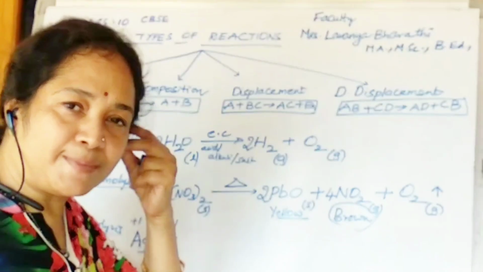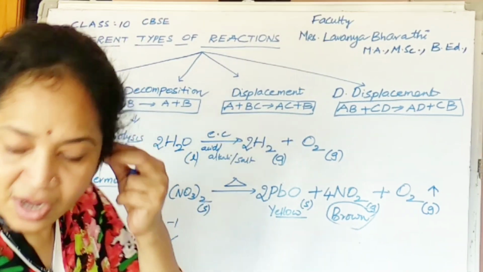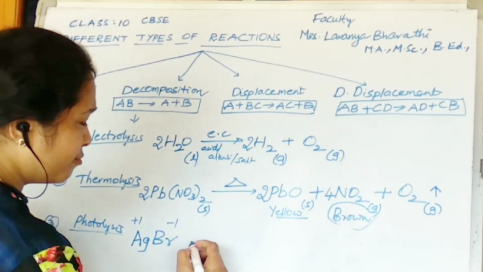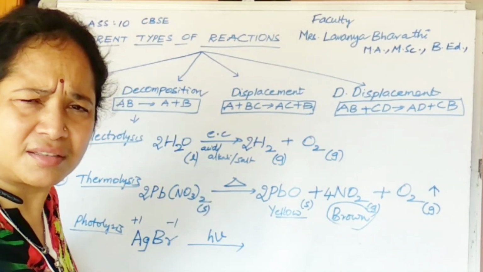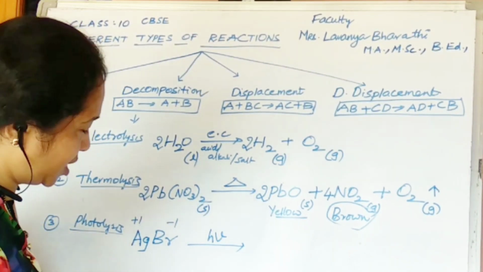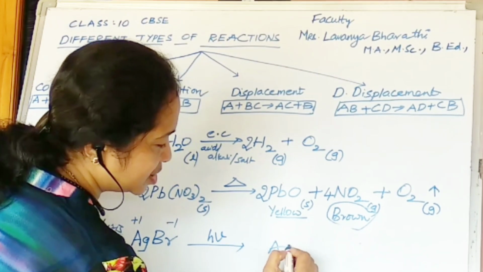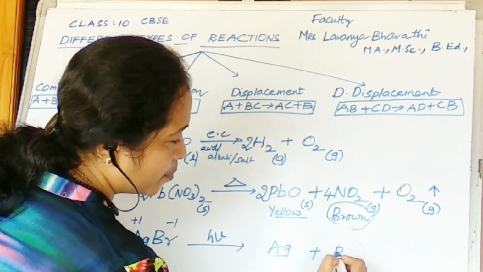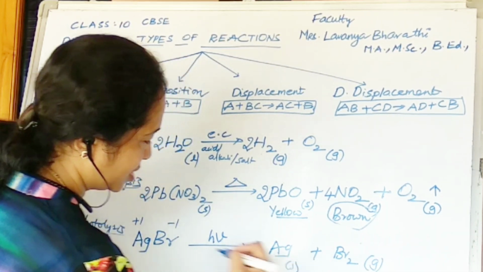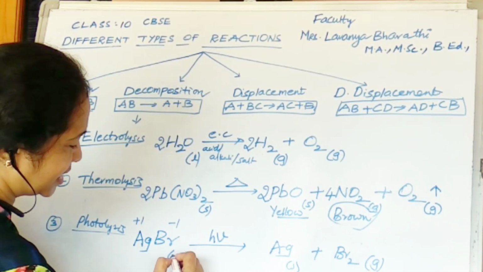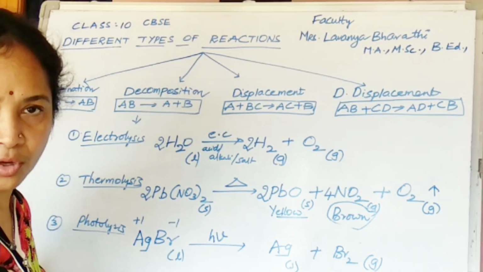So this AgBr is silver bromide which undergoes photolytic decomposition, that is in the presence of certain light energy, certain photon energy. Now it decomposes to silver as well as bromine. Here bromine is gas and silver is solid, and here silver bromide is like a liquid, an aqueous solution.